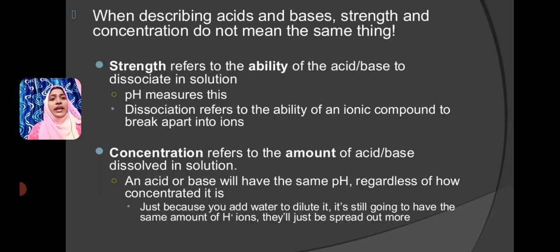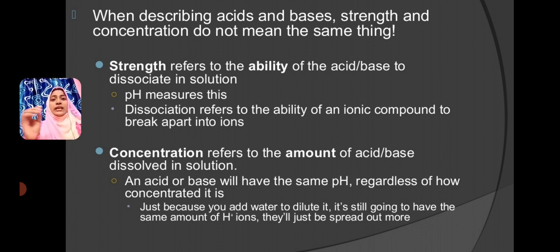When describing acids and bases, strength and concentration do not mean the same thing. Why? Because strength refers to the ability of the acid or base to dissociate in the solution. Dissociate means spreading, breaking off into ion particles.